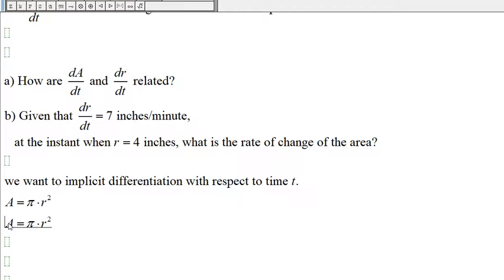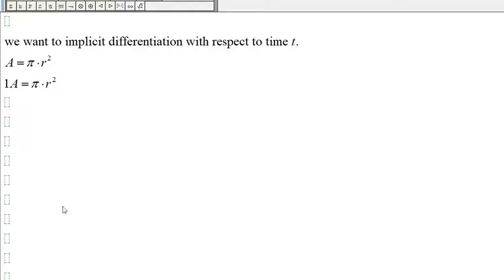This equation is the same as 1A equals pi r squared. We'll take the derivative of each term with respect to time. Recall that here the variable is A, and we're taking the derivative with respect to time, so we have to use the chain rule.